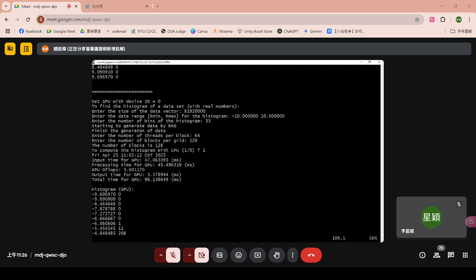You can see the shared memory is really much faster than the global memory. So whenever your application can make use of the shared memory, use it, and you have a much faster code.